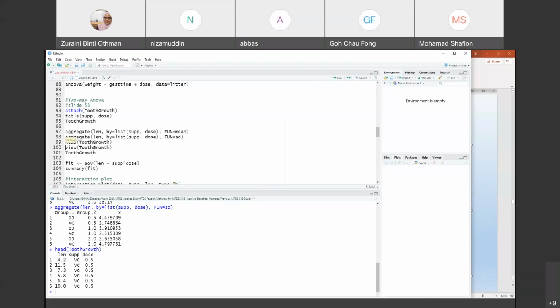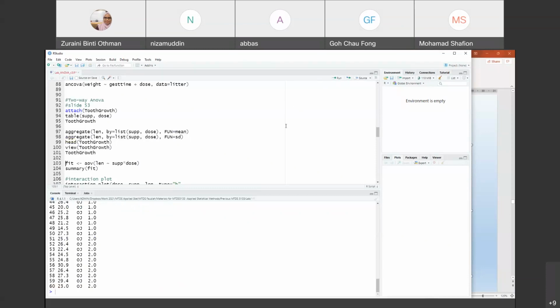When you want to view ToothGrowth, there is no need to call view. When we run it, there is an error, because if you want to view ToothGrowth, just put ToothGrowth, and then the dataset will be displayed for you. This is the dataset for ToothGrowth.